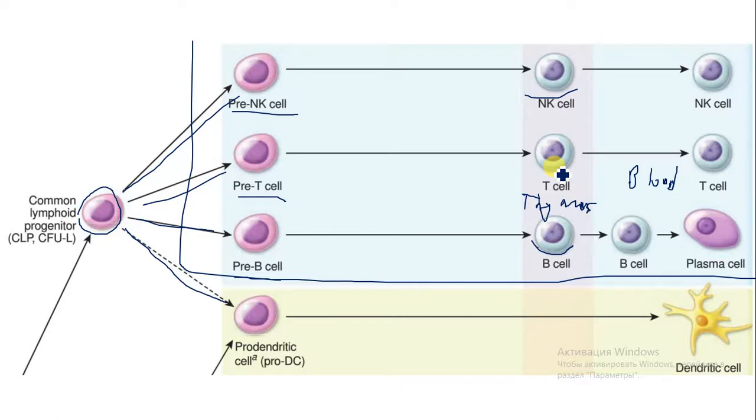Okay, let's talk about this arrow. It's shown that B cell is matured into plasma cell. We didn't discuss it in the previous lecture. B cells actually have the potency to be activated into the plasma cell. Take a look: inside the plasma cell we have a lot of ribosomes, so it is blue and pink in color.